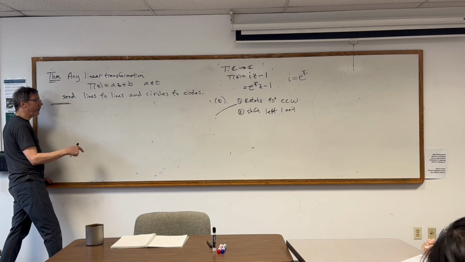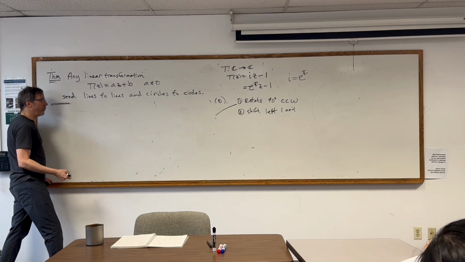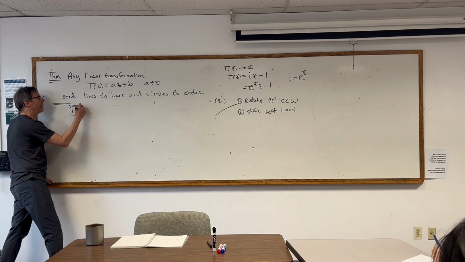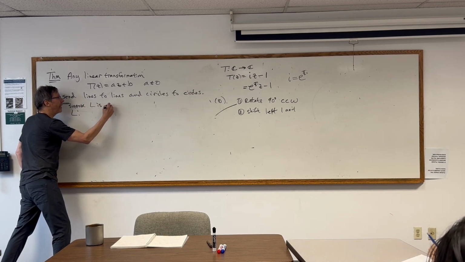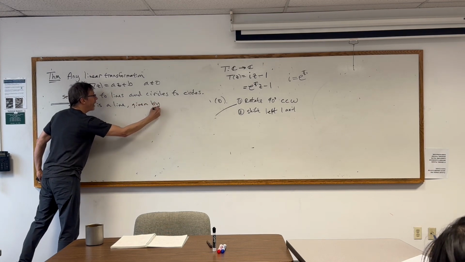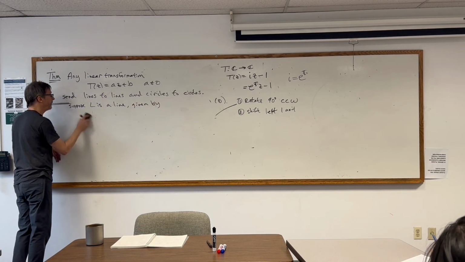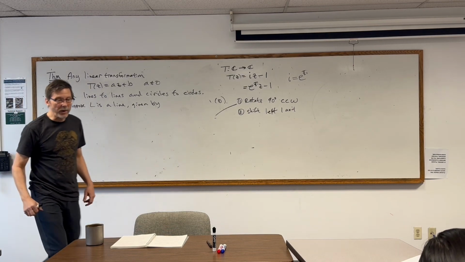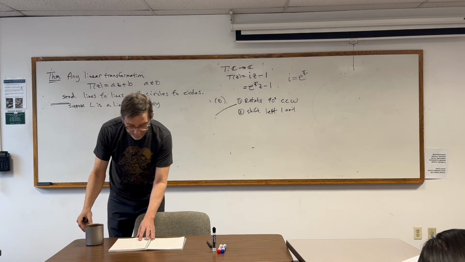So the first thing I would ask you is, can you on your own, what is the equation of a line? So suppose L is a line given by, can you write out the general equation for a line, please? We'll practice along the way.